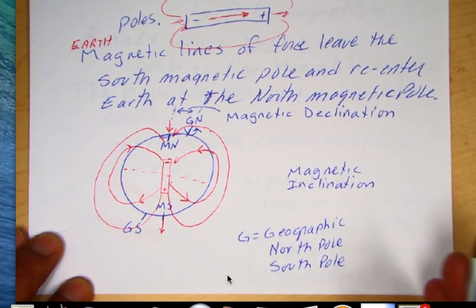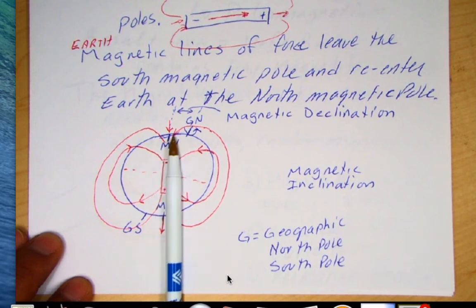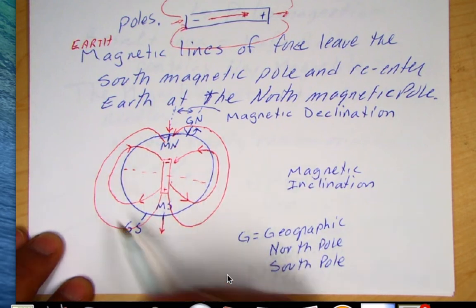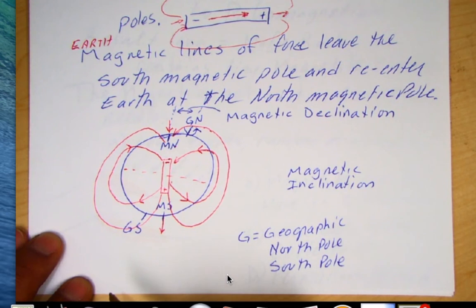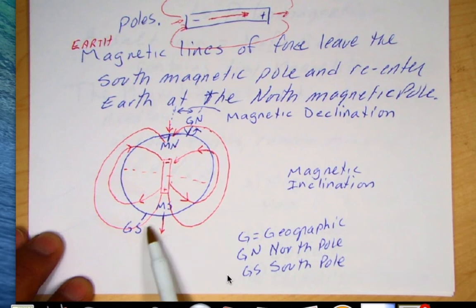The magnetic north and magnetic south do fluctuate, because they're caused by currents in the liquid outer core of Earth. So note that there's a difference between the geographic poles, GN and GS, and the magnetic poles, magnetic south and magnetic north.